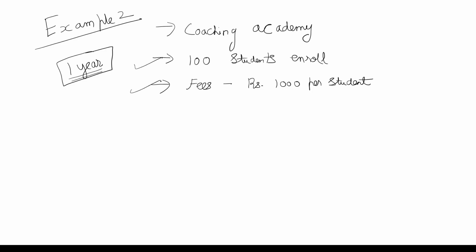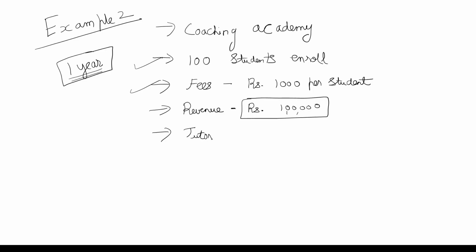So with these two in place, I can say that the revenue for the tuition academy is going to be 1 lakh. Let's assume just one item of cost for the coaching academy.